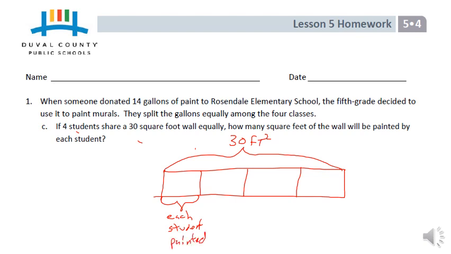So this is going to be 30 feet divided by 4 students, which equals 30 fourths, which when I convert that, 4 going into 30, I know 4 times 7 is 28, so it's going to be 7 with 2 fourths. 7 and 2 fourths also equals 7 1/2. So each student would paint 7 1/2 square feet.